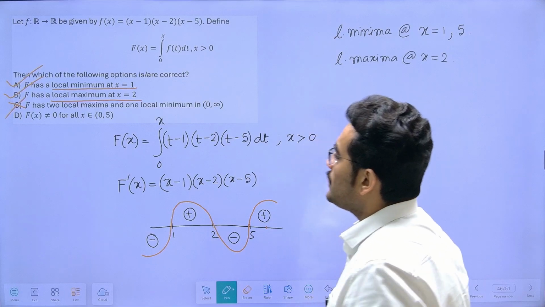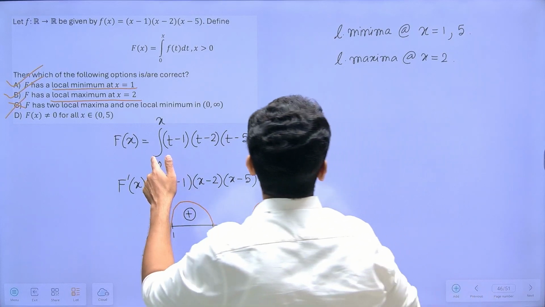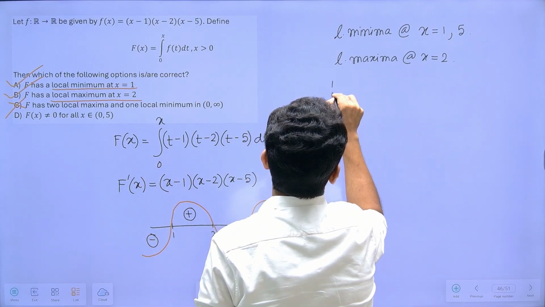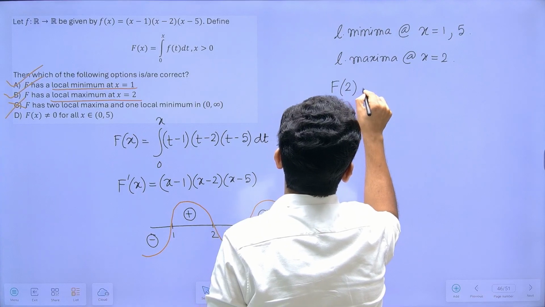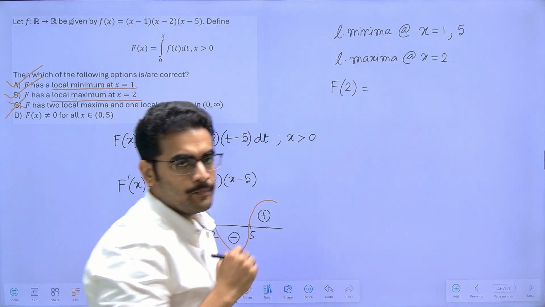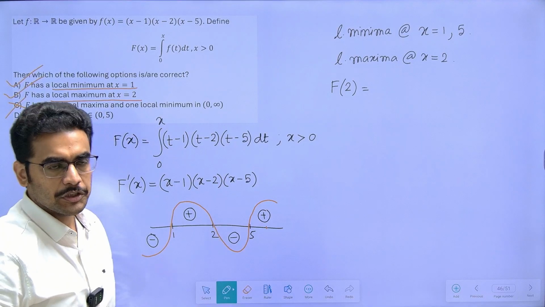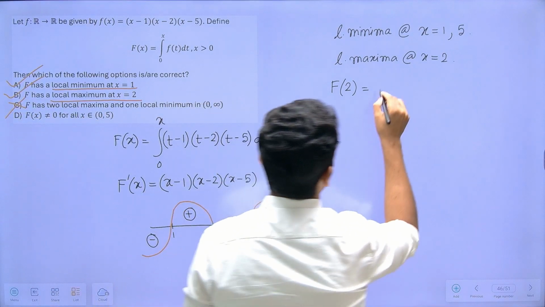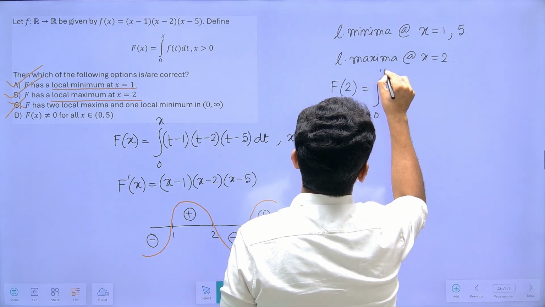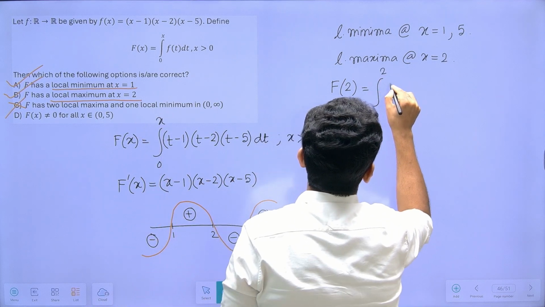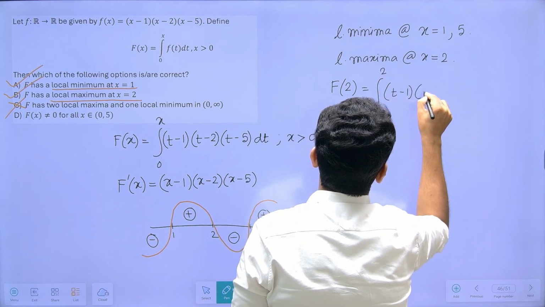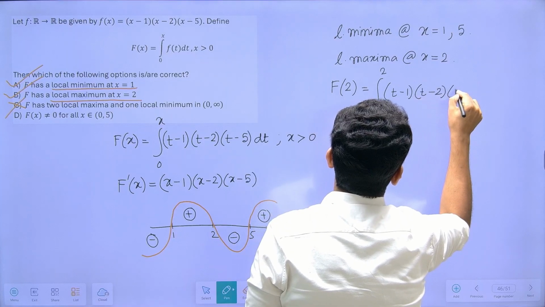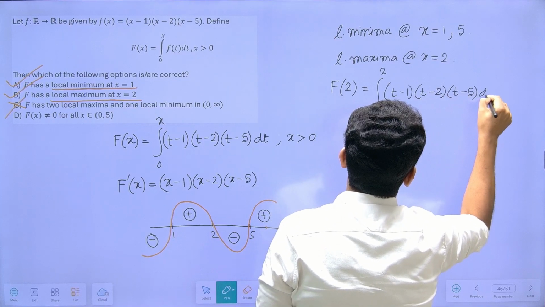For that, let us do one thing. Let us calculate the value at 2. If we calculate F(2), which is the local maximum value, let's calculate the value F(2). So F(2) will be the integral from 0 to 2, we put x equal to 2, of (t minus 1)(t minus 2)(t minus 5) dt.